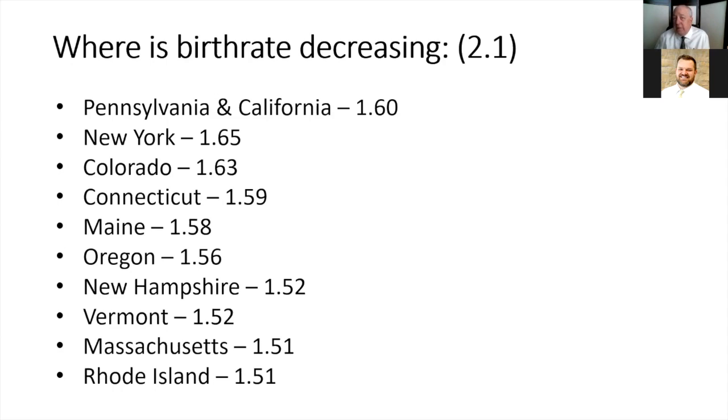Oregon, surprisingly enough, while it has a lot of people moving from out of the state, is showing a very low birth rate. New Hampshire, Vermont, Massachusetts with 1.51, and then at the bottom of the heap is Rhode Island, which is incrementally, by the way, just below Massachusetts. Now, you'll notice this is a regionalized thing, with New England having the worst off situation.